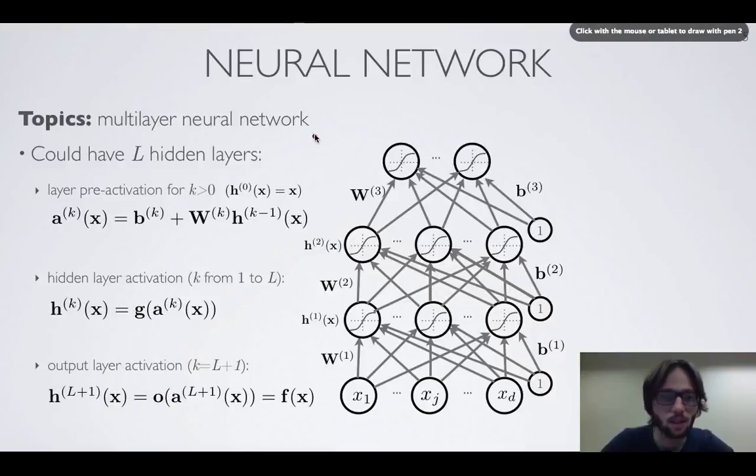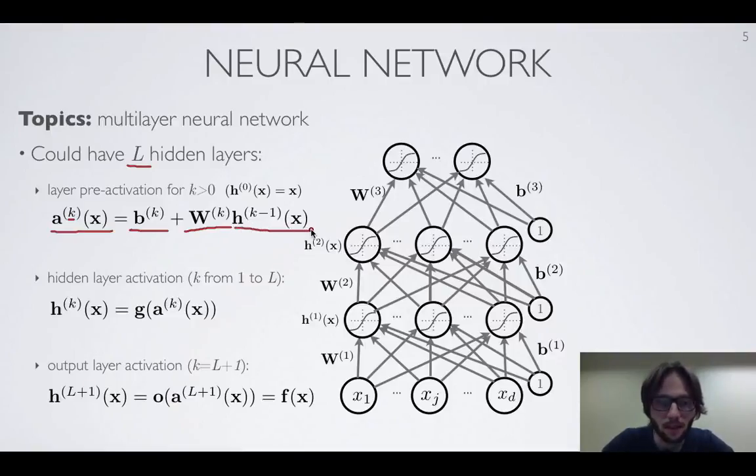To generalize to multiple hidden layers, say L hidden layers, we'll have a pre-activation value at any hidden layer k, which we'll call a_k(x). This corresponds to the bias of that hidden layer plus the matrix of connections for that kth hidden layer multiplied by the activation values at the previous hidden layer, k minus 1.